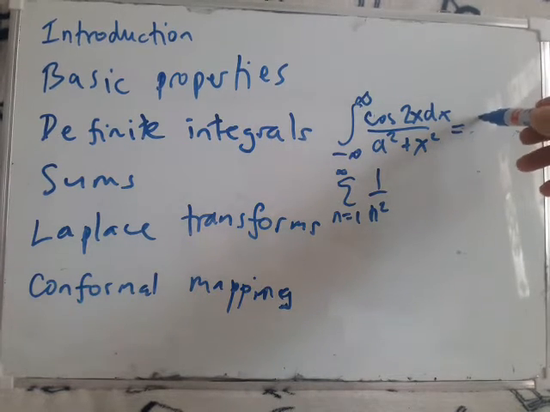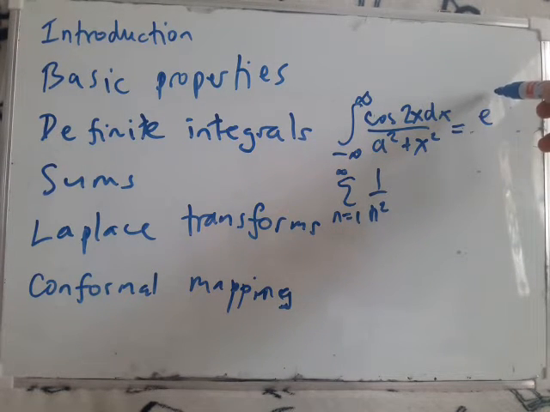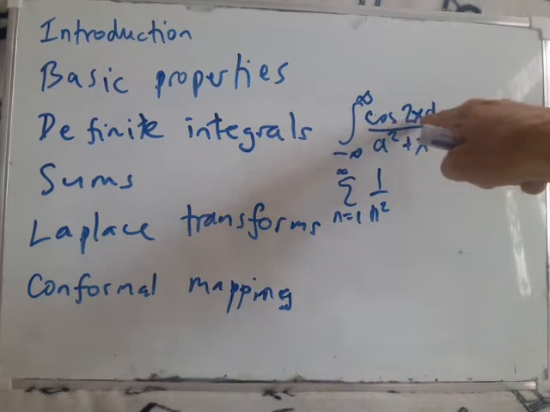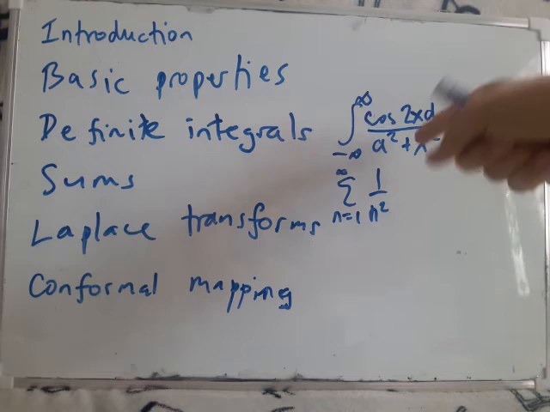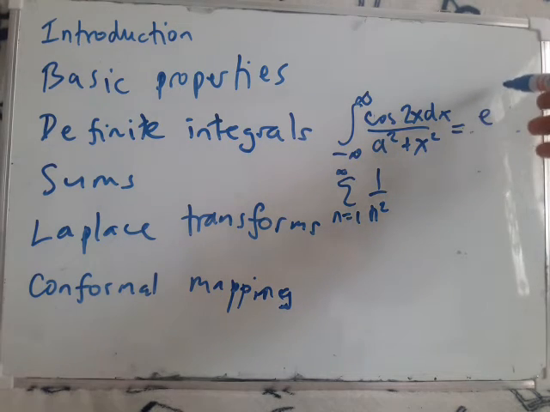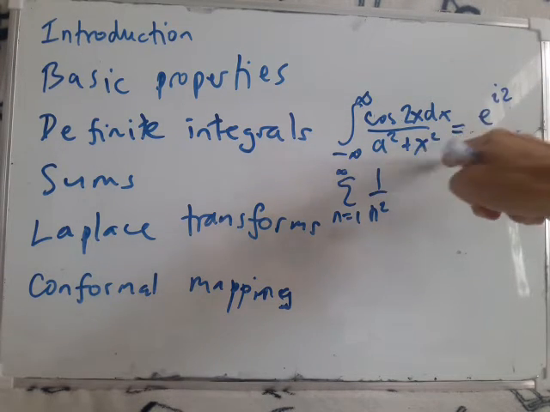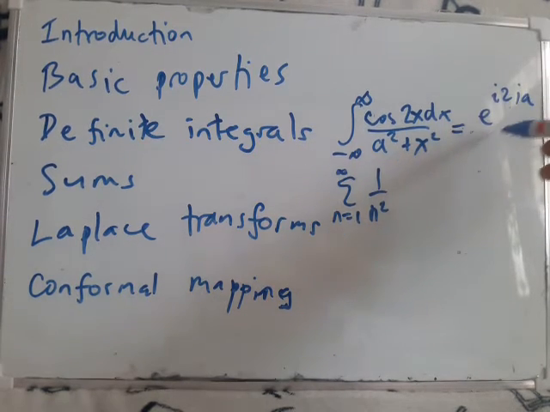I will just write down what you end up doing. You end up writing the cos 2x as e to the i 2x, and do the same sort of substitution as before. So we'll end up with a 2 times the ia, and the bottom bit stays the same as before.